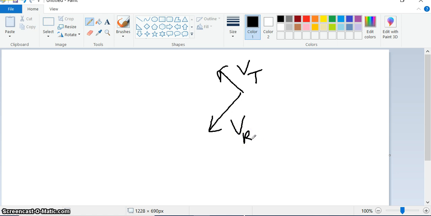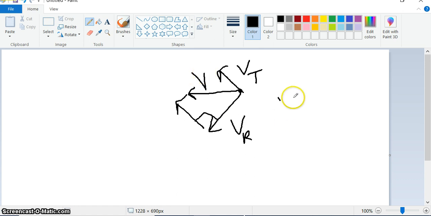If you put one of these head to tail like this, starting where the original object is, this is the actual movement of the object. The transverse and the radial are at right angles, or 90 degrees, to each other. So this velocity right here is V. That's what we want to know.